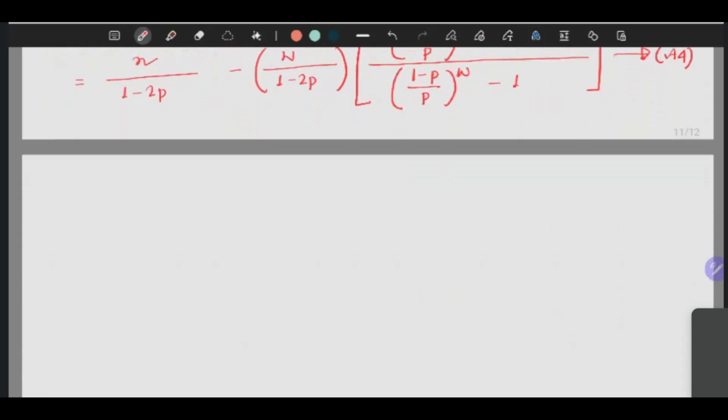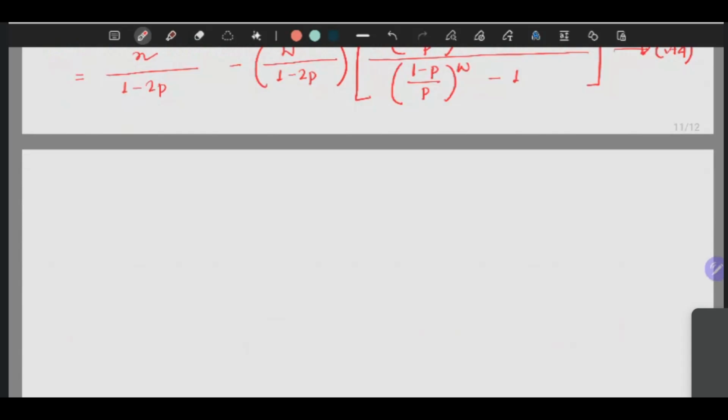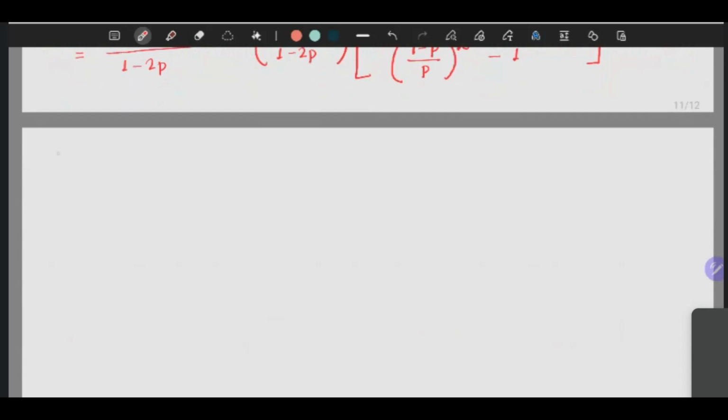So for a, let's take a guess: let's say if m, which is w minus n, is large.